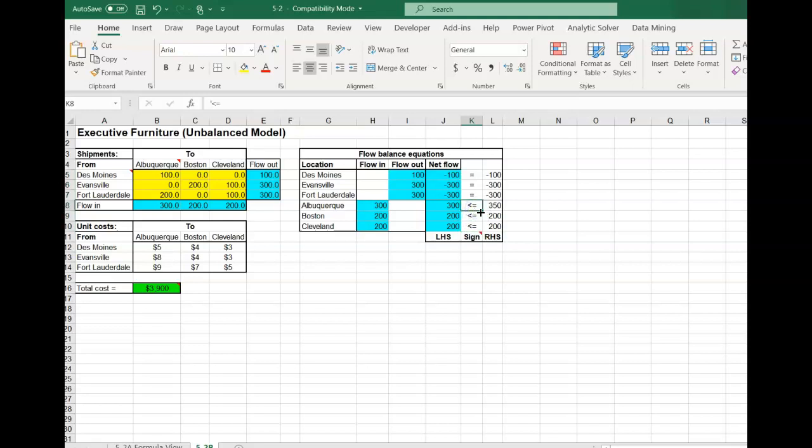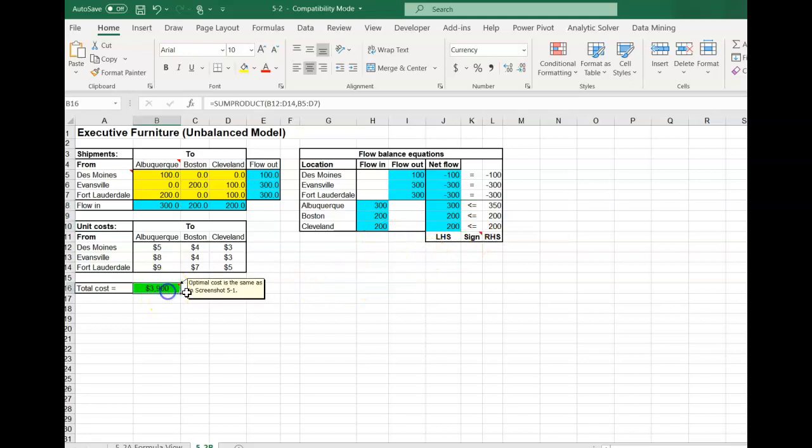So you would have to change the signs for the demand constraint nodes to less than or equal to, as opposed to what we had earlier, which was the equal sign. That's because the demand is higher than the supply, so the solution cannot meet the full demand since the supply is lower. After making this change, you're going to run solver again.